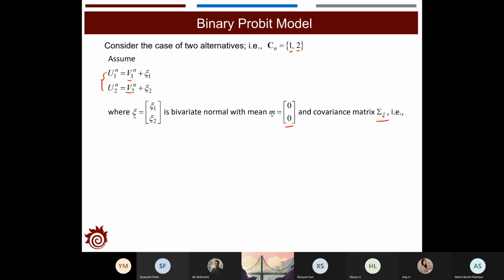This equation shows the distribution of the bivariate normal variables, where the mean value is 0, and we are also provided with the covariance matrix.